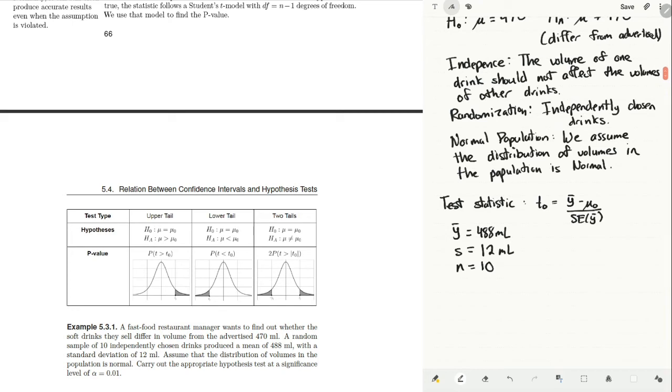The standard error is the sample standard deviation over the square root of the sample size. So we take 12 and divide it by the root of 10, and this will be approximately 3.7947.